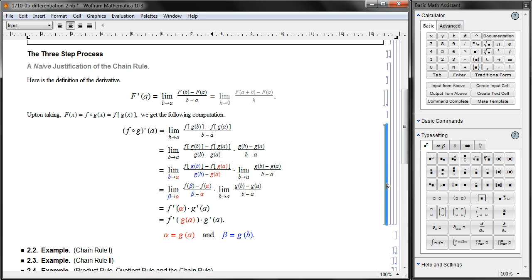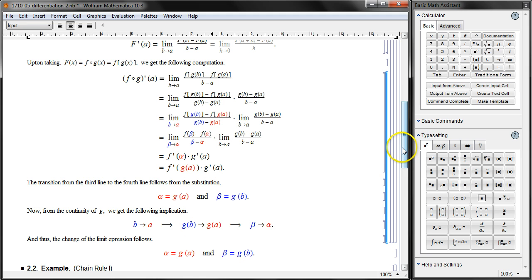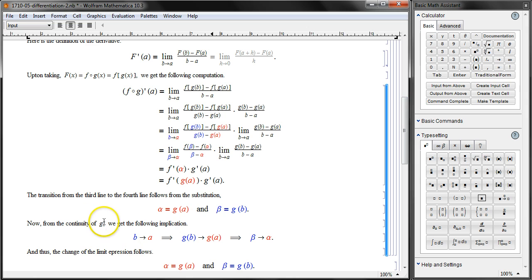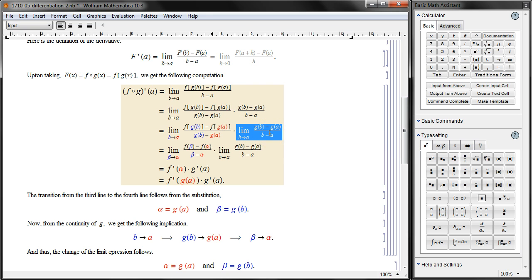How? You have to look at the continuity of g. Basically, this is what happens here. g is continuous. You see, in order to have this, g has to be differentiable. Every differentiable function is continuous, so you have to have continuity. Yes, because of the continuity, we'll have this. b is approaching a means function value g of b approaching g of a, which means beta is approaching alpha.